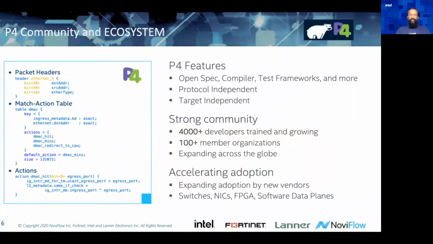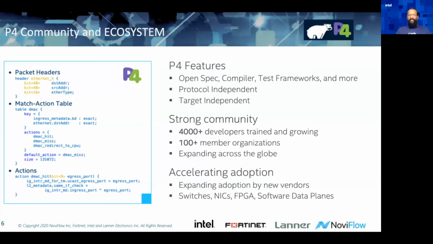So let's look at the programming language. P4 is a high-level domain-specific programming language that is geared towards packet processing. P4 stands for Programming Protocol Independent Packet Processor. It's a mouthful, but P4 is exactly what it is. It's a high-level programming language for programming protocol independent packet processors.